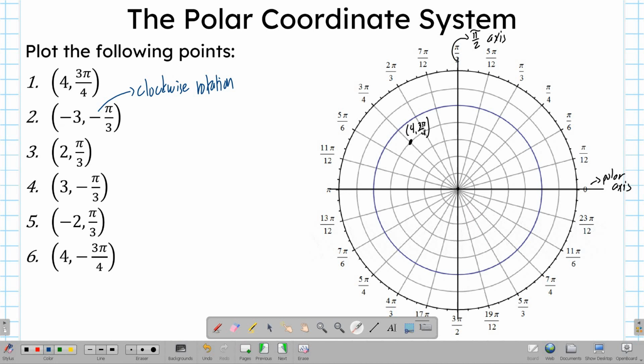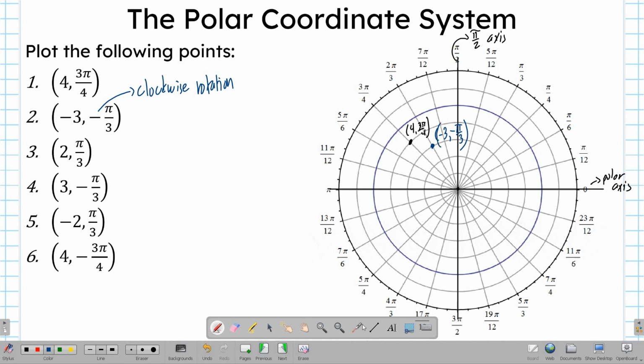If this is 3, then we have to go back here: 1, 2, 3. So this point here is actually the point (negative 3, negative pi over 3).